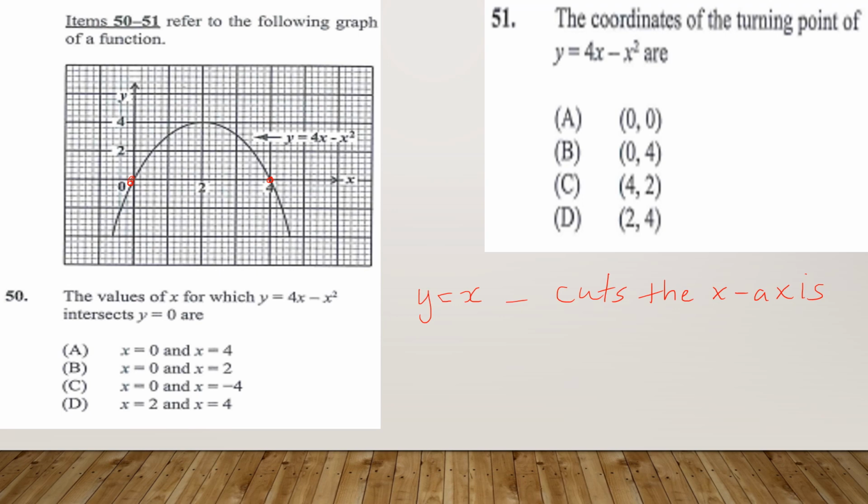So 0, 4, A. 51, the coordinates of the turning point of y equals 4x minus x squared are. And remember, that will be the maximum point, which is this point here. And we have 2, and we're going across 4. So the answer is D, (2, 4).